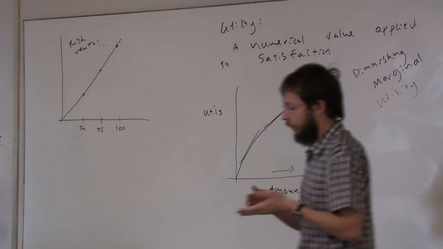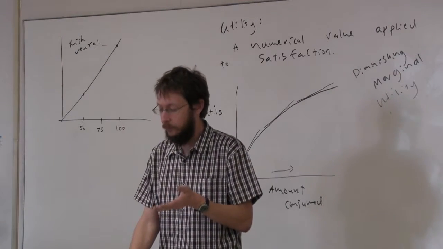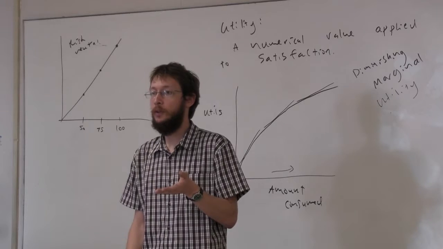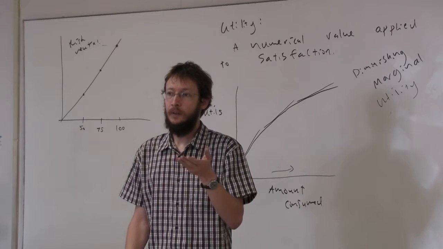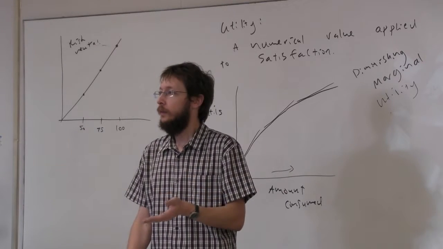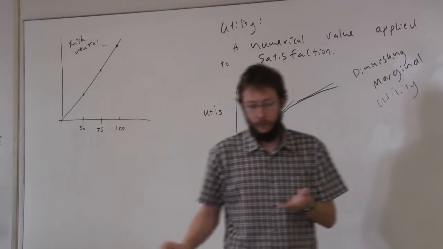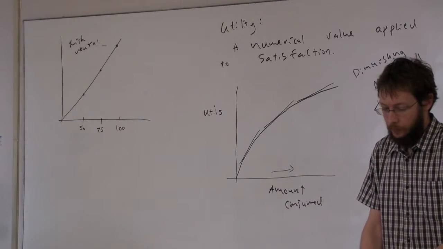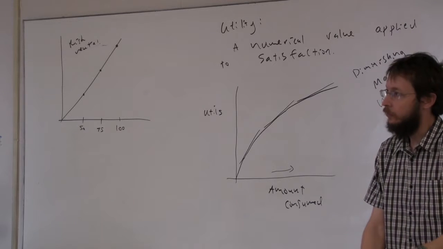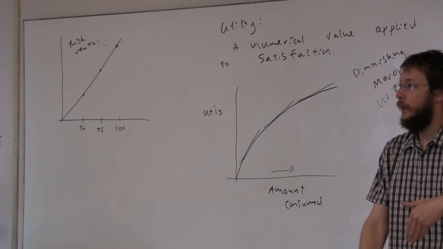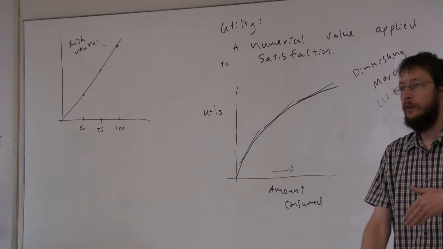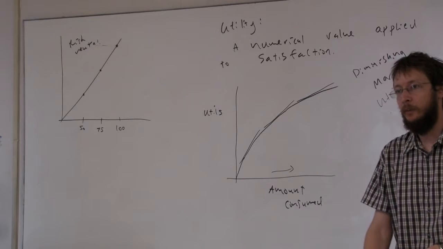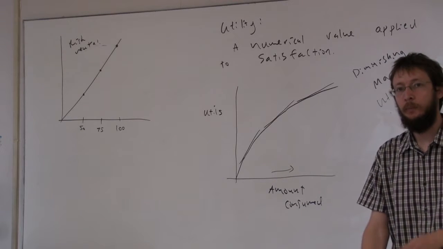So if a return is guaranteed, that means that it has to equal the risk-free rate, because if it's guaranteed, then it's risk-free. So you take this portfolio that you've constructed and you can discount it back to the present value at the risk-free rate, and that tells you the exact price of the option at the present time.